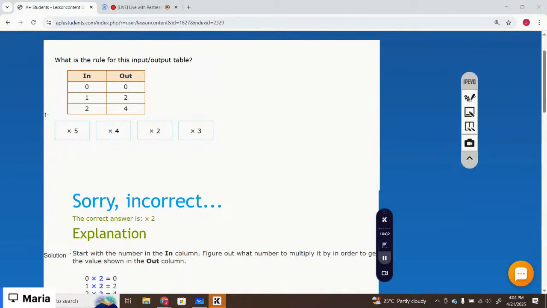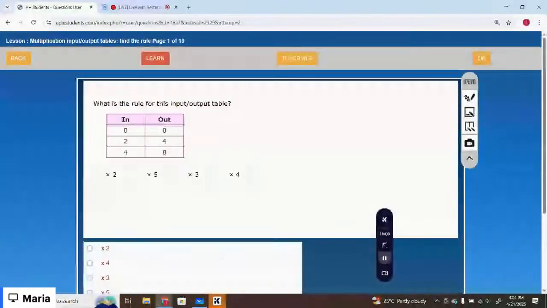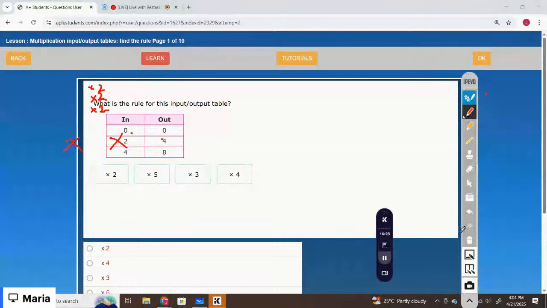Let's just start with the test questions. What is the rule for this input output table? The outputs are 0, 2, 4, 8, and now we are given four numbers: 2, 5, 3, 4.